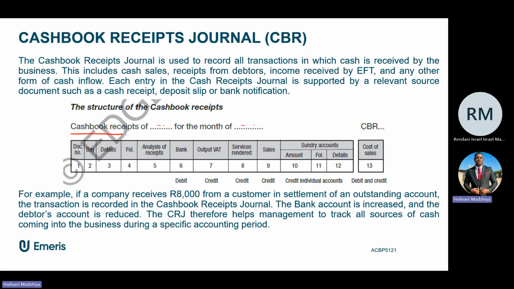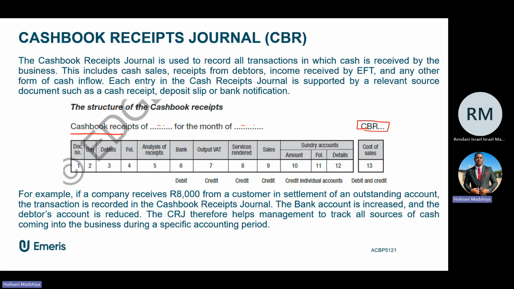And where it says CBR, you write the number of the month. If it's June, you write 6. If July, you write 7. If December, you write 12. This indicates that this book, this journal, this cash book receipts, is for the month of March, for example. So that's what it will mean.